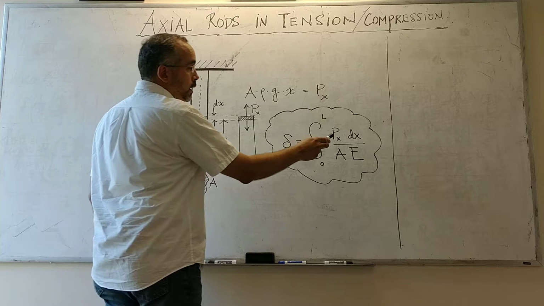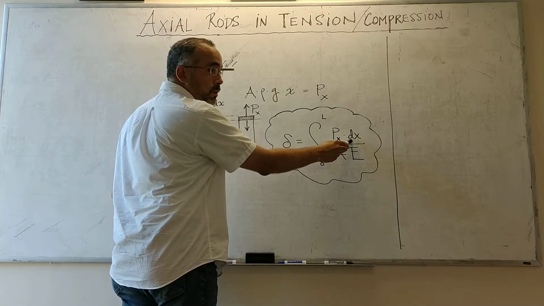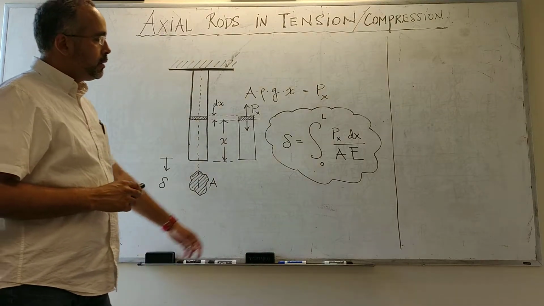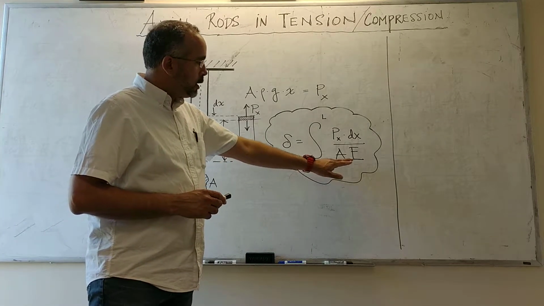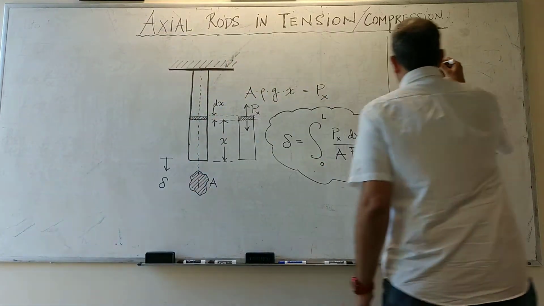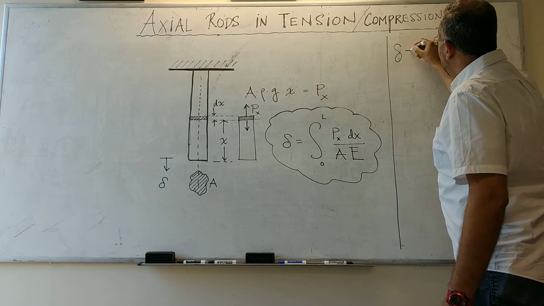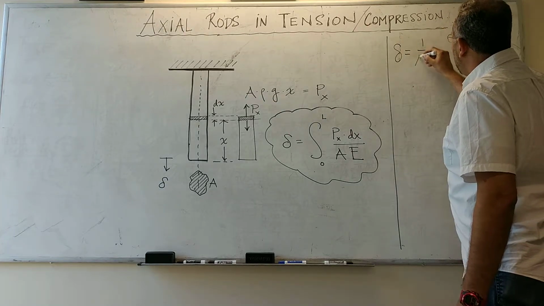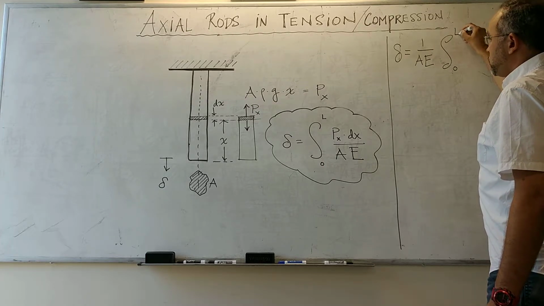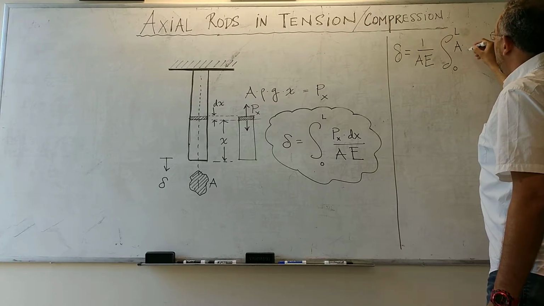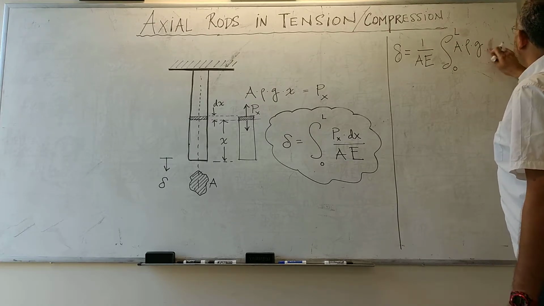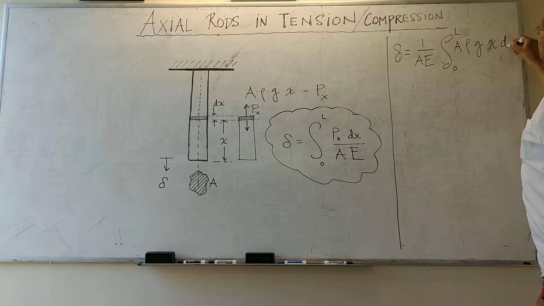So P times the length, which is dx, divided by A, divided by E. If A is constant and E is constant, then these can come out of the integral, right? And we are left with this expression: 1 over AE times the integral from 0 to L of A rho g x dx.